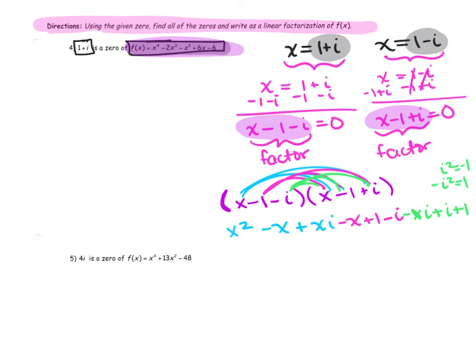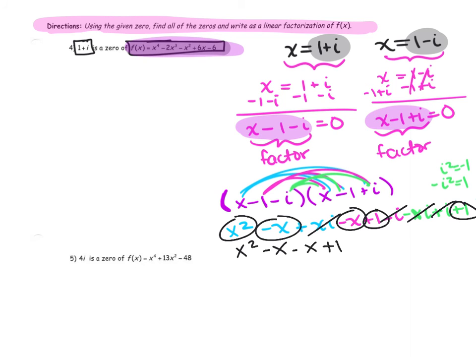And you'll see a bunch of things cancel. Positive xi, negative xi are gone. Minus i plus i are gone. And I'm left with x squared minus x minus x plus 1 plus 1. Simplify this and we get x squared minus 2x plus 2.